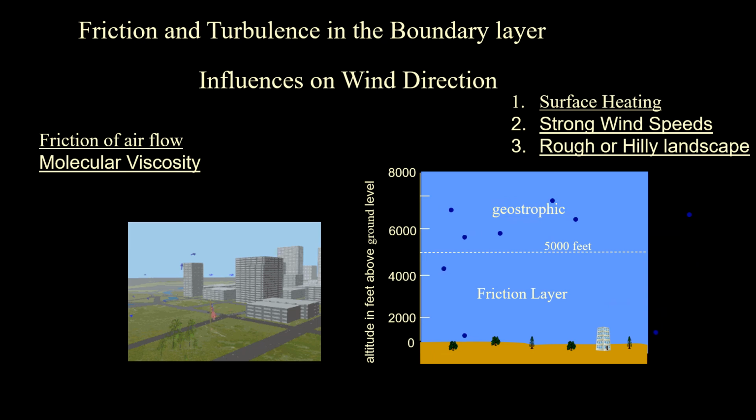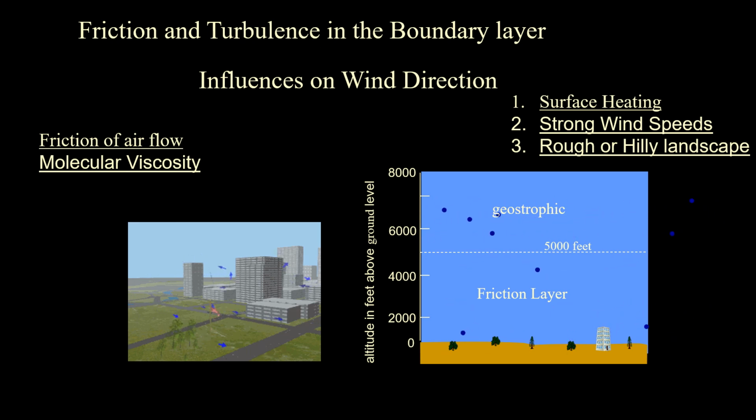This molecular viscosity is quite small in comparison with the exchange brought about by turbulent motion that we call eddy viscosity. So we can say the frictional effect of the surface on moving air depends largely on the mechanical and thermal turbulent mixing.